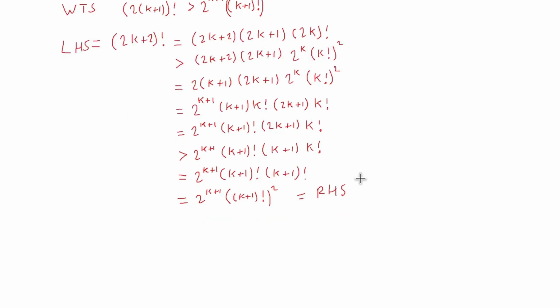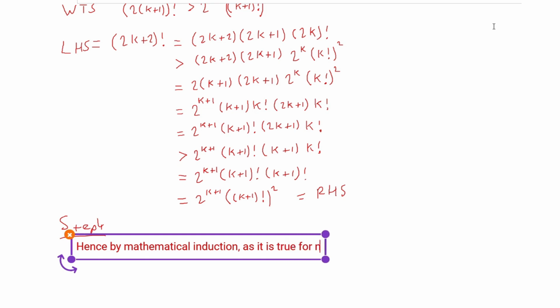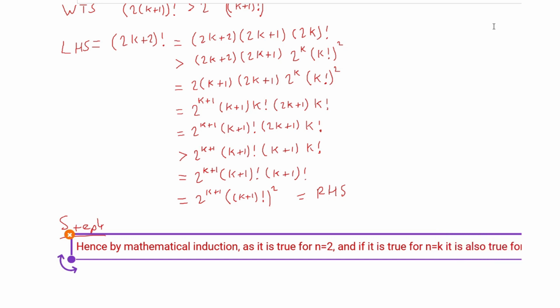And that just leaves us to do our last step, which is our conclusion. And this is the same as always. So our conclusion says that hence by mathematical induction, as it is true for, in this case, n equals 2, and if it is true for n equals k, it is also true for n equals k plus 1.